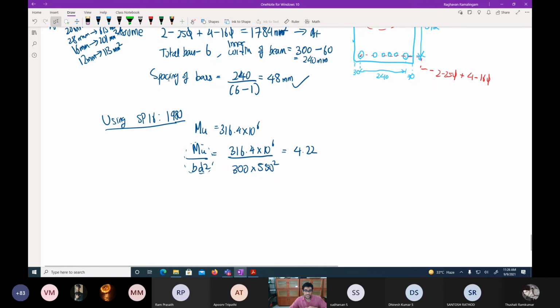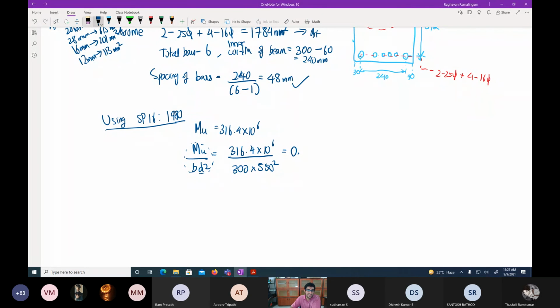If I make it 550 square, what do I get for my effective depth? In this case, what is Mu by bd square? Does it come below 4? 3.48, sir.